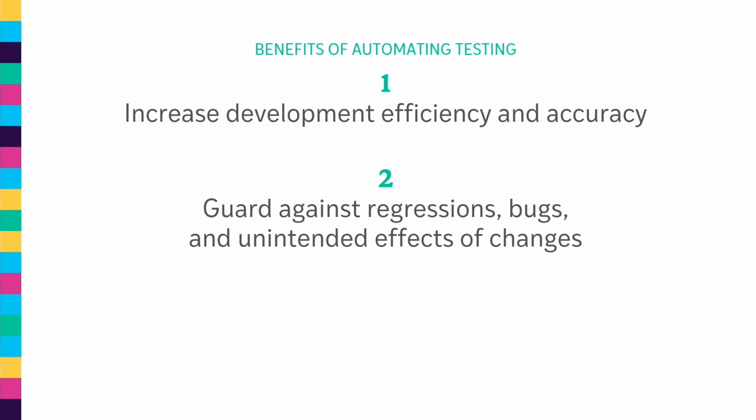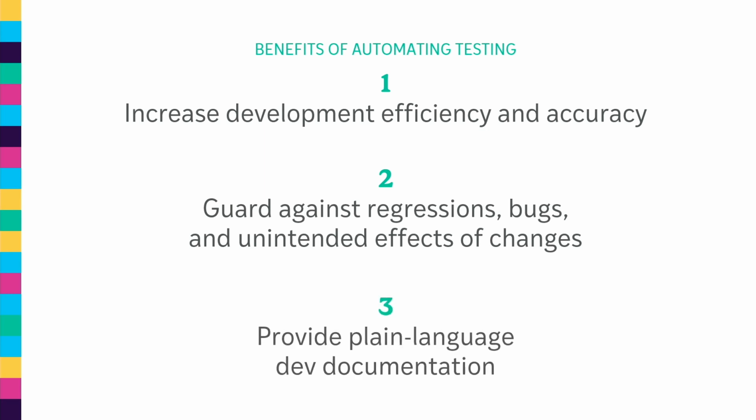So you've written some code, the test passed, cool, now you've got to change it, does the test still pass? And number three, providing plain language dev documentation. Those things might sound kind of dev language, but you'll see some examples in a moment. So that if you're in a team, you've got a list of requirements of what this code is supposed to do.